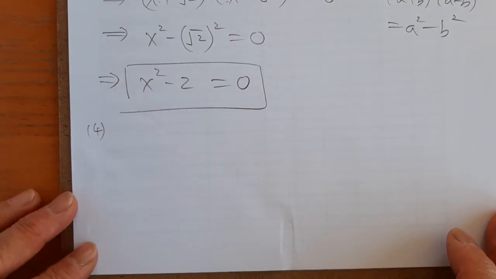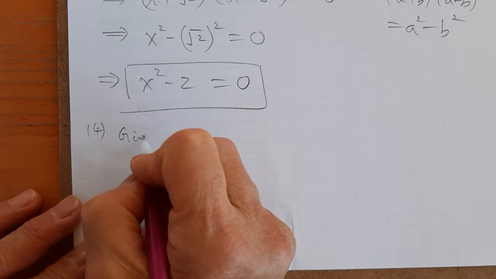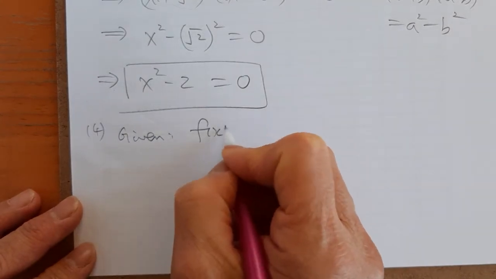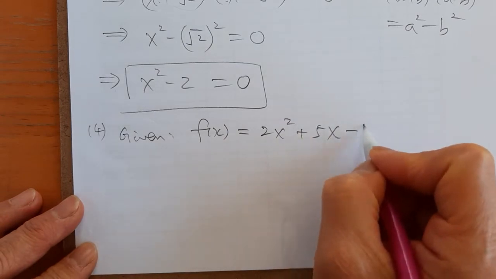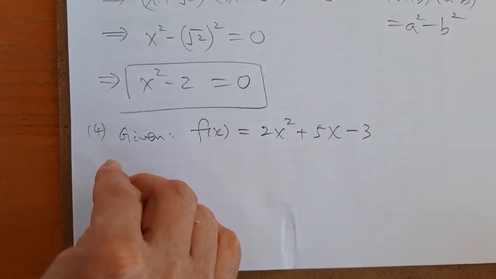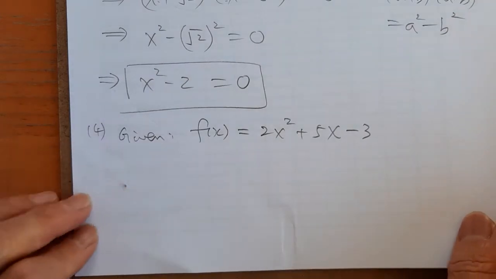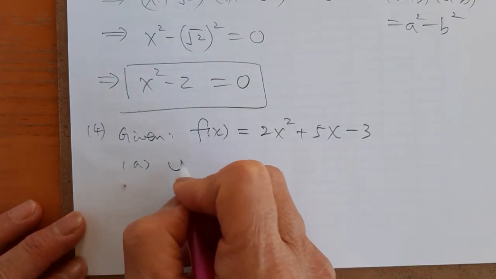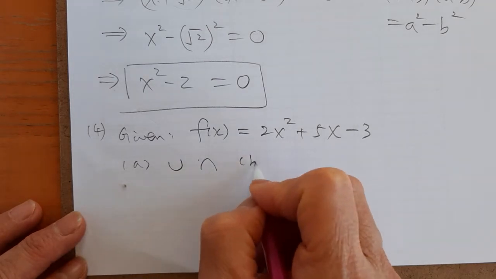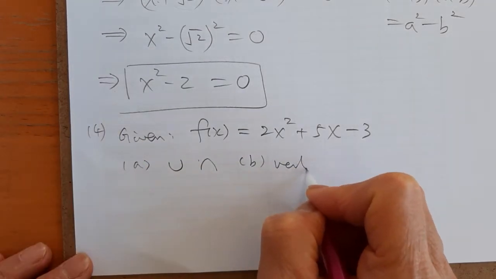For the function, given a function f of x equals 2x squared plus 5x minus 3, we are asked: A, does it open upward or open downward? B, find the vertex.